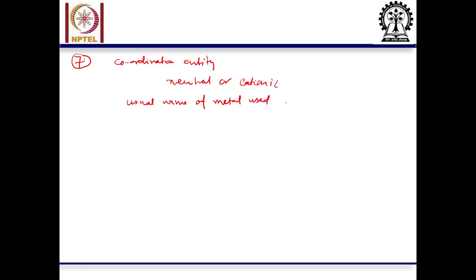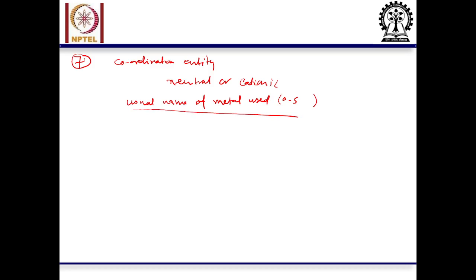Okay, we'll go to the next rule. Rule number 7 says that if our coordination entity, meaning coordination sphere, is neutral or cationic, we use the usual name of the metal and write the oxidation state in brackets.